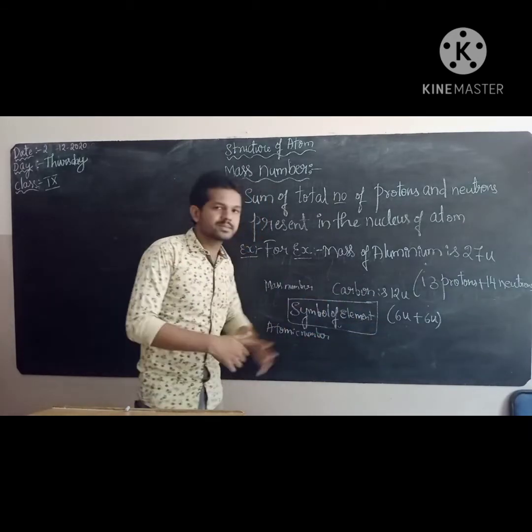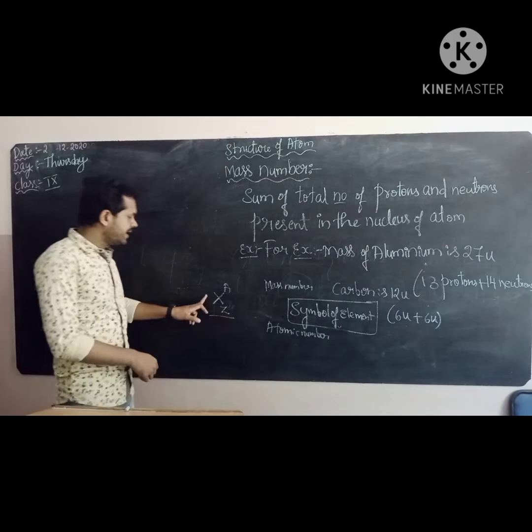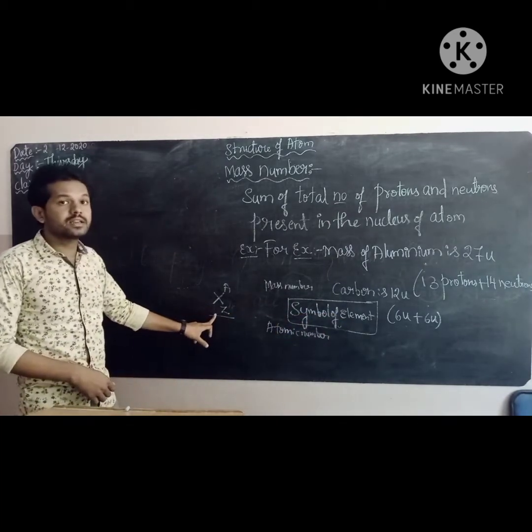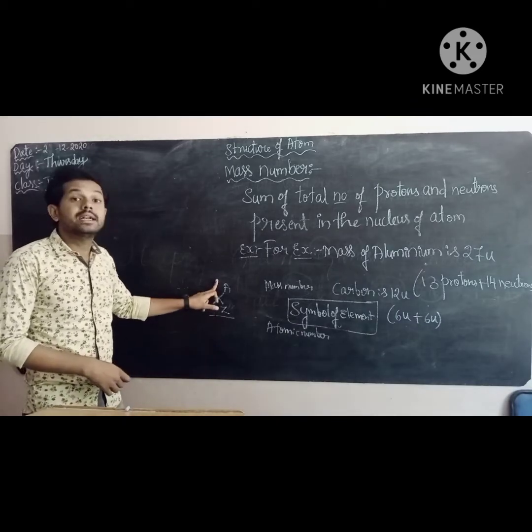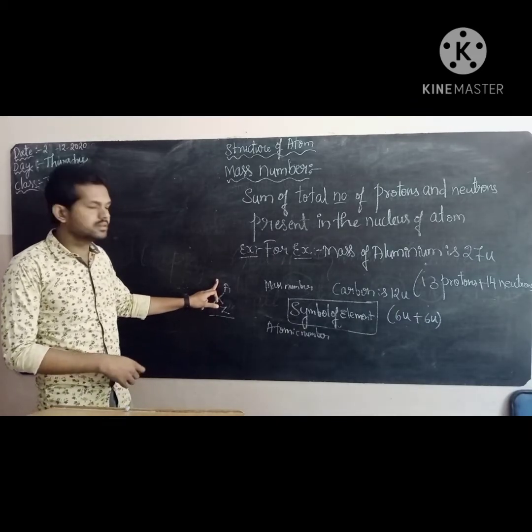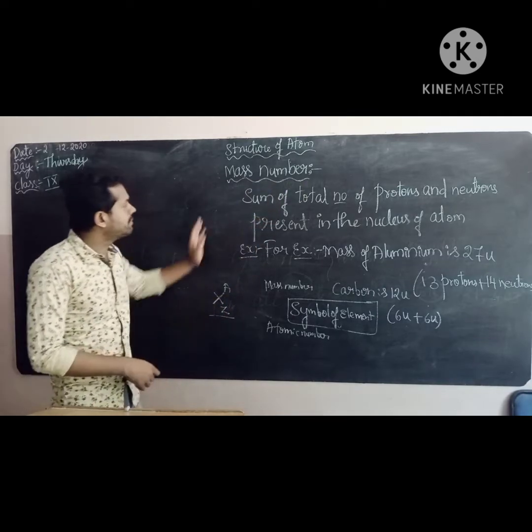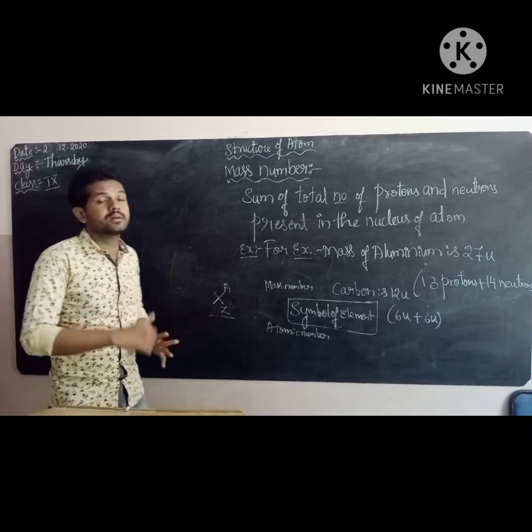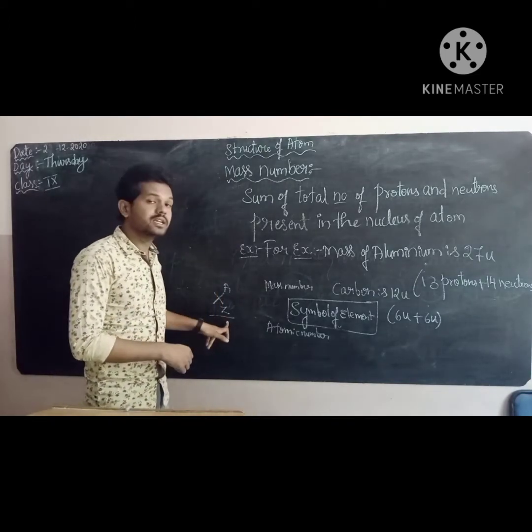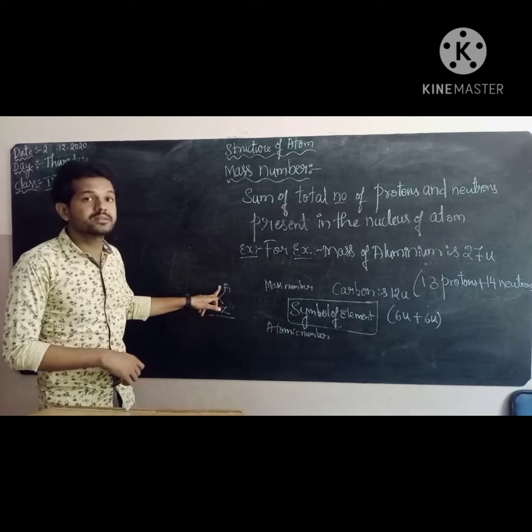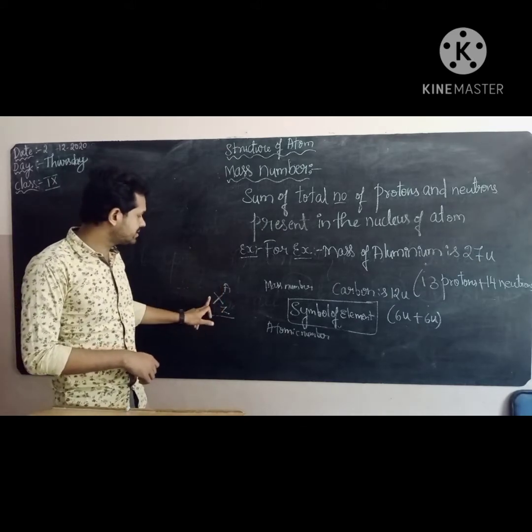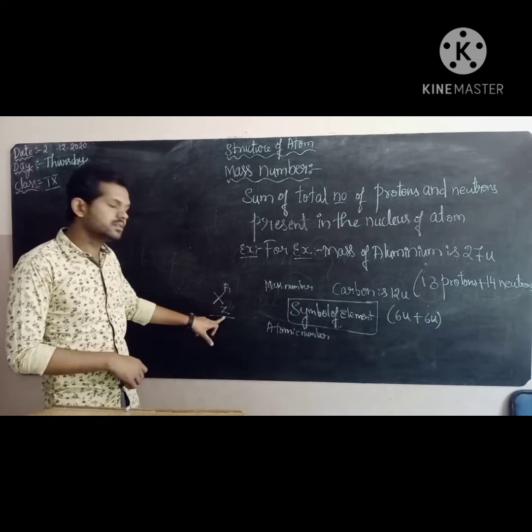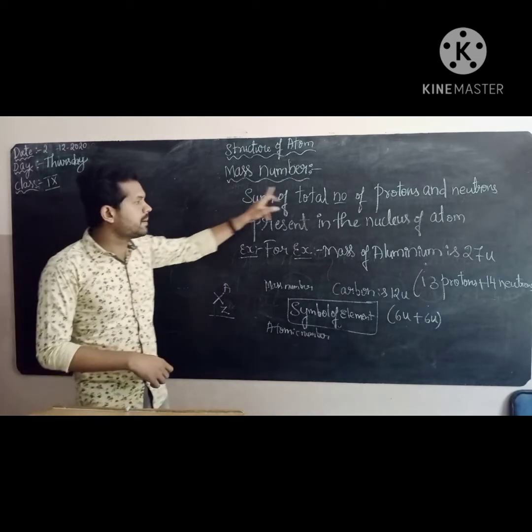This is a general expression, and here we have X. X is nothing but the symbol of the element, Z is atomic number, and A is mass number. Mass number can be represented by the symbol A. Just remember that atomic number is represented by the symbol Z, and mass number by the symbol A. X, Z, A: symbol of an element, atomic number, mass number.